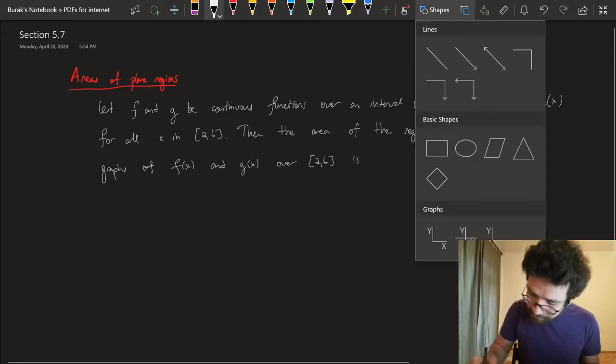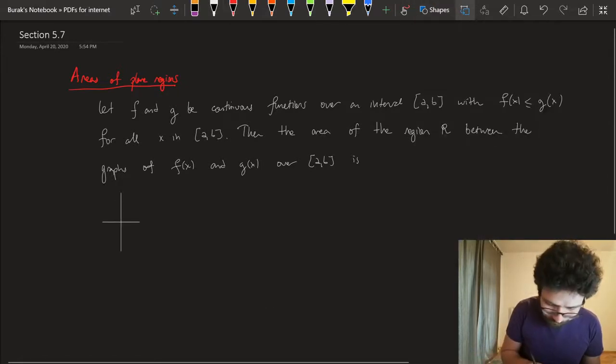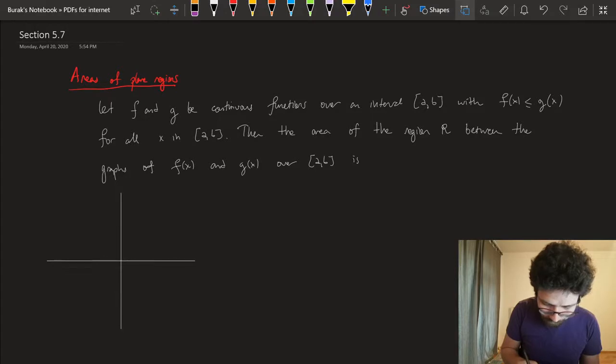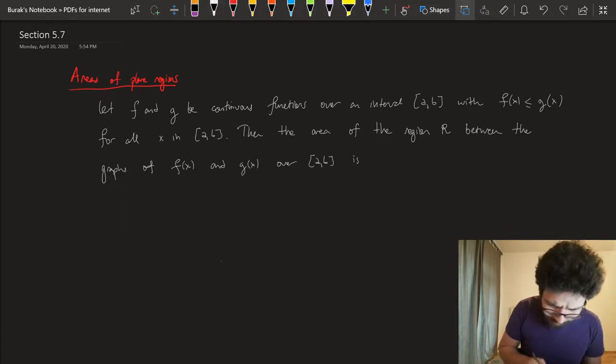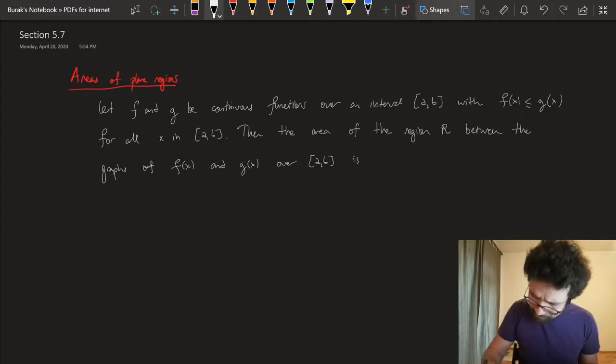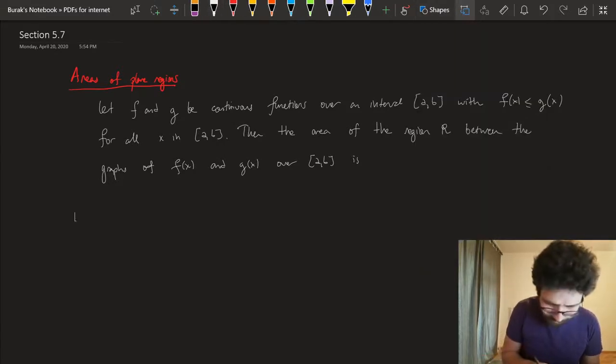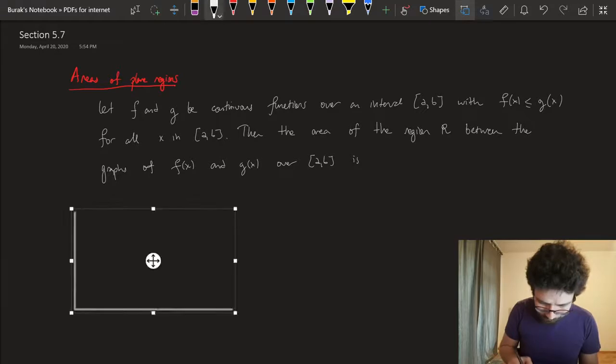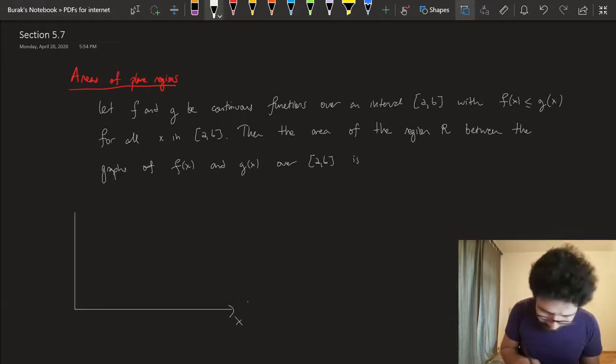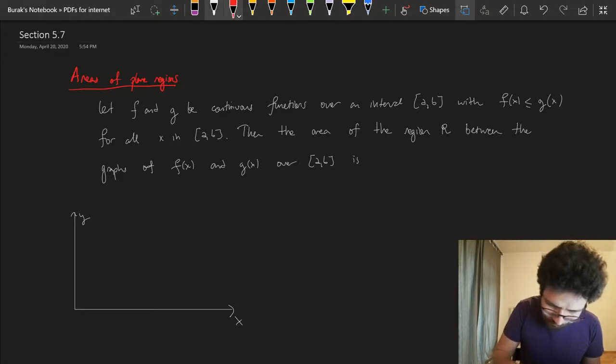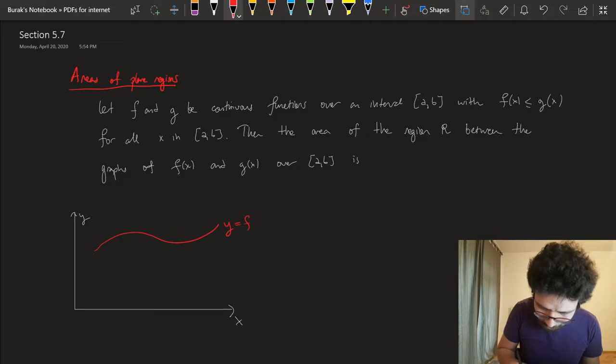Okay, suppose that I want to find the area of the following region.